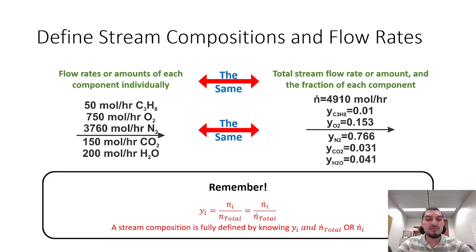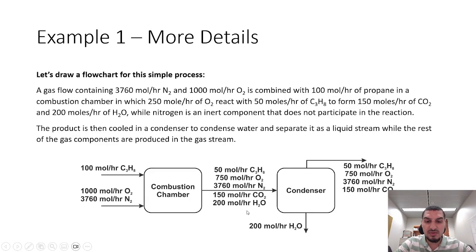One thing that is very important is the definition of the stream compositions and flow rates, and this is what we have here. So we have the stream defined as five components, and for each component we have the flow rate. This is one tricky thing, and it causes some confusion, especially for the coming calculations.